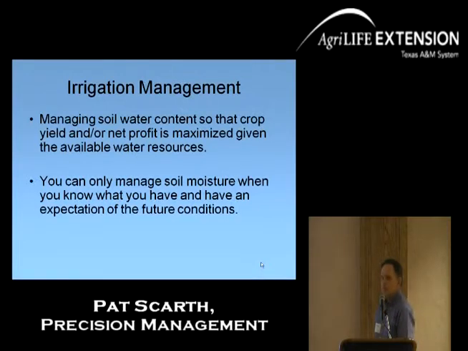Okay, when we're talking about irrigation management, what we're talking about is managing the soil water content so that yield and our net profit is maximized given the available water resources. And you can only manage the soil moisture when you know what you have and you have an expectation of the future conditions or the future requirements.